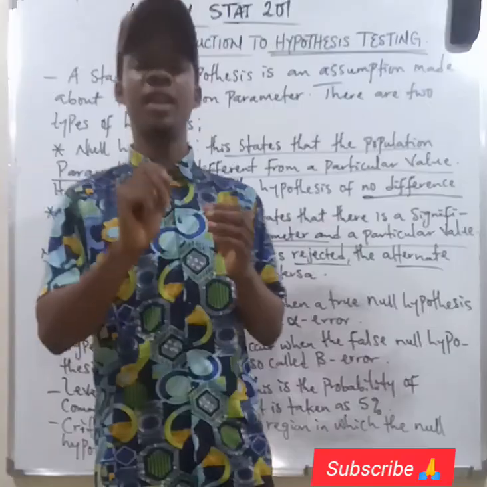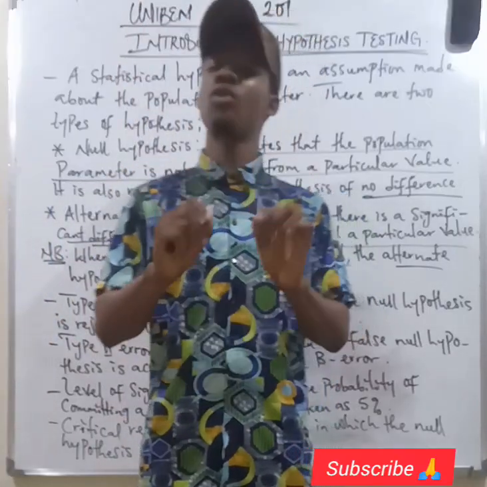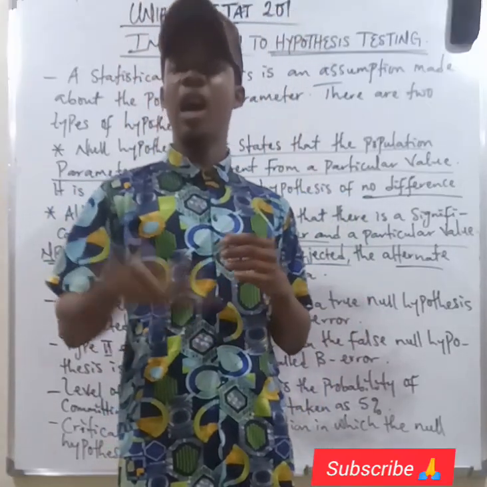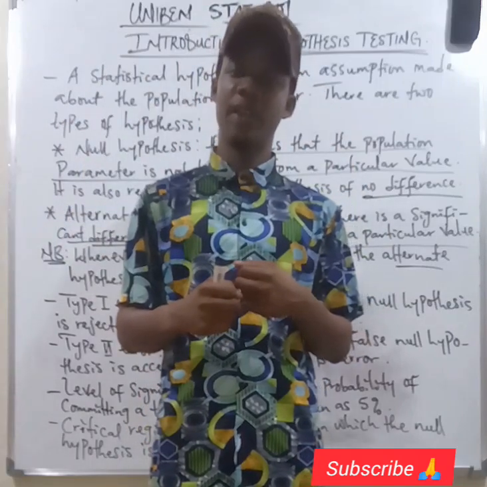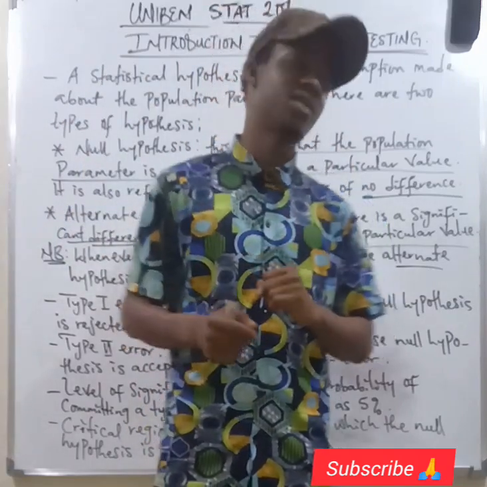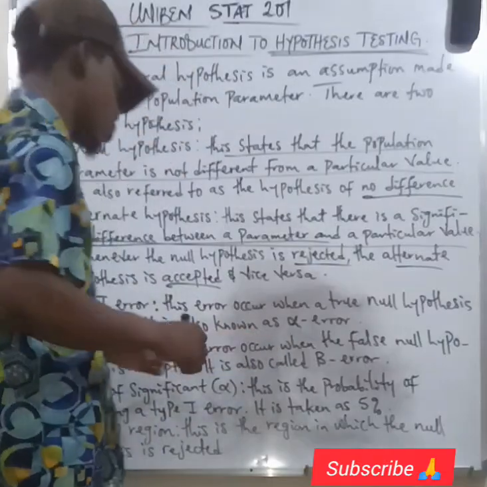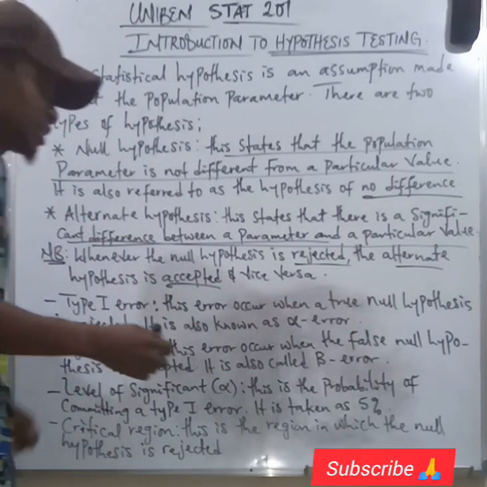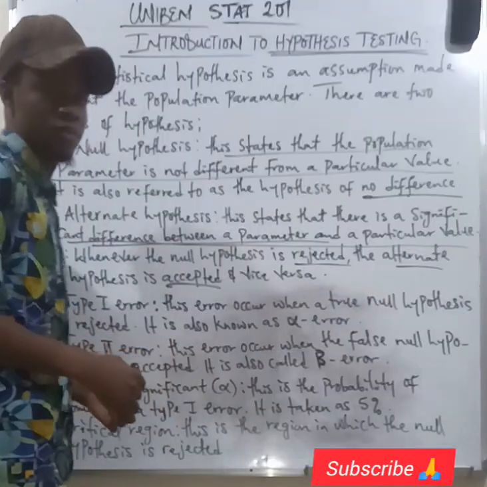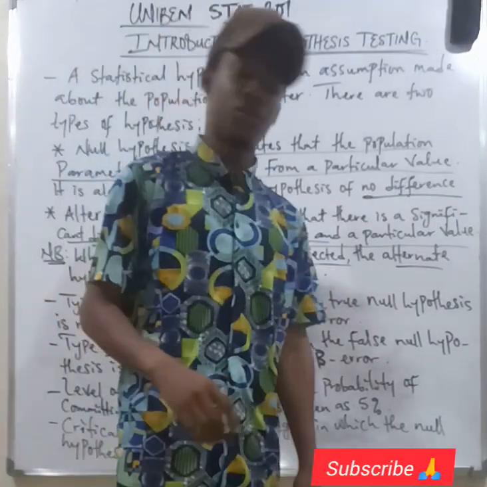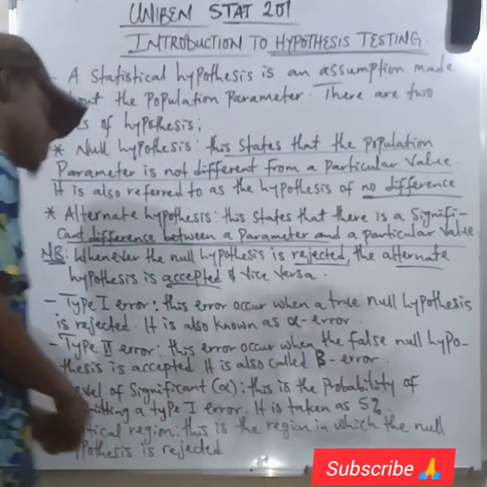But when a null hypothesis is false and you fail to reject it, meaning you accept it, it means you have committed what? A type 2 error. A type 2 error is also known as a beta error.